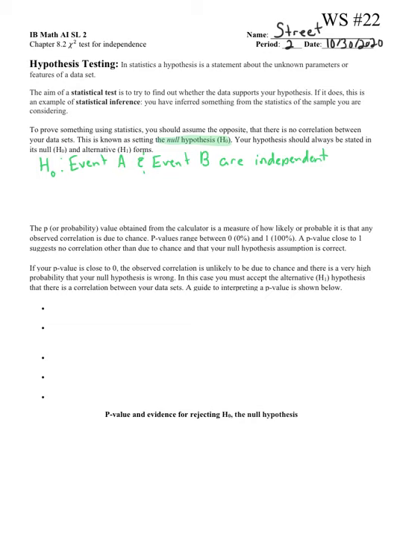And then the alternative hypothesis then would be, I'm going to do that in a different color actually. The alternative hypothesis is just H1, and that is event A and event B are not independent.